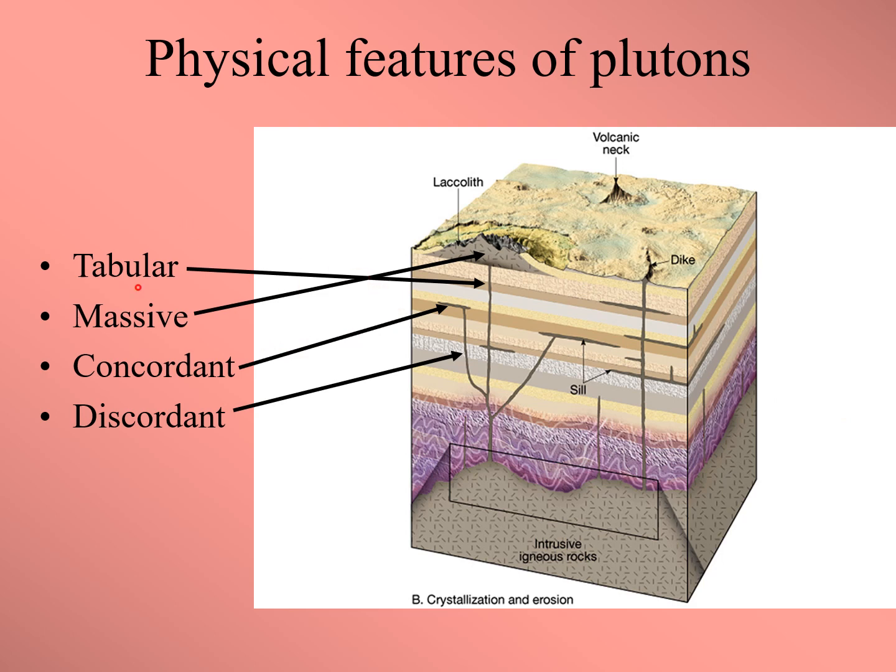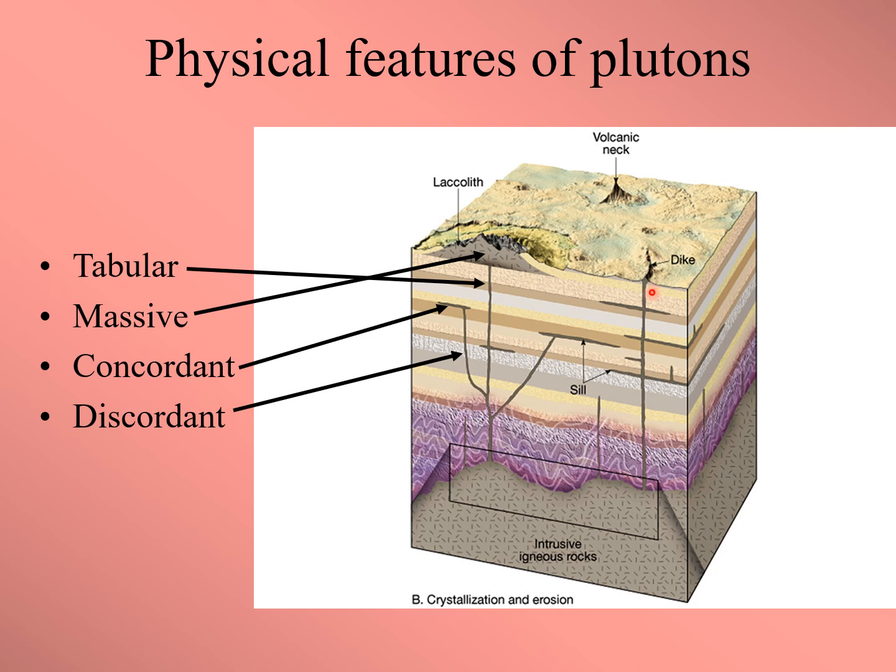You can have a tabular feature, and tabular just means basically not massive. So a tabular feature is a thinner feature that's usually this sill here or this dike here, okay? I like to think of it like when they're exposed at the surface, especially dikes, they kind of look like a mohawk, right?